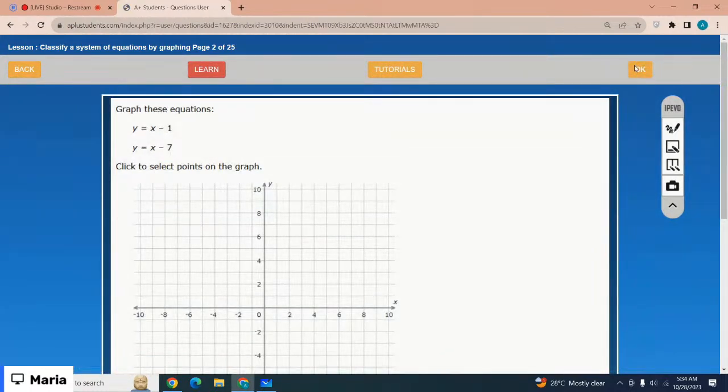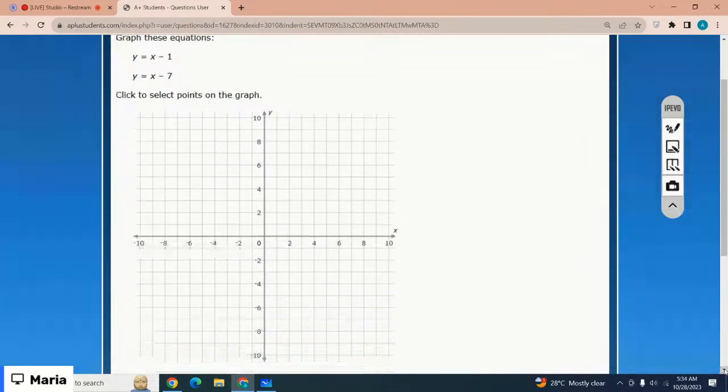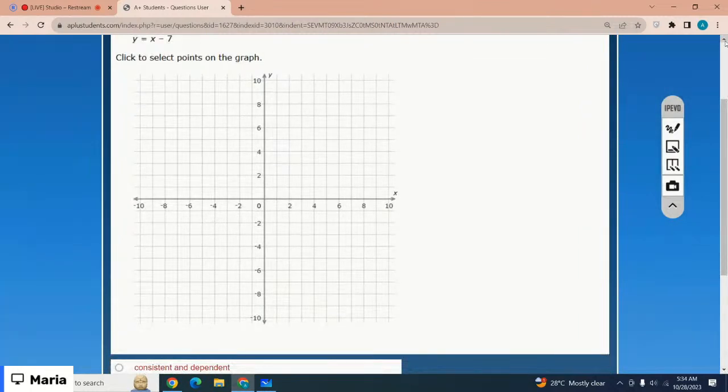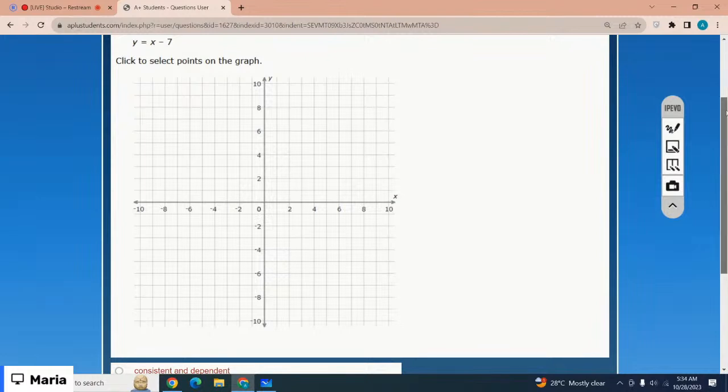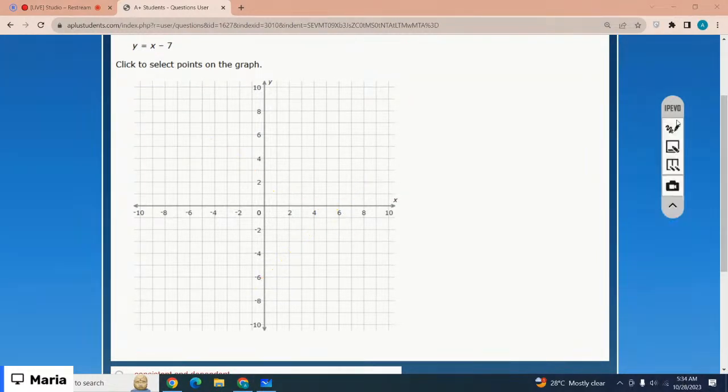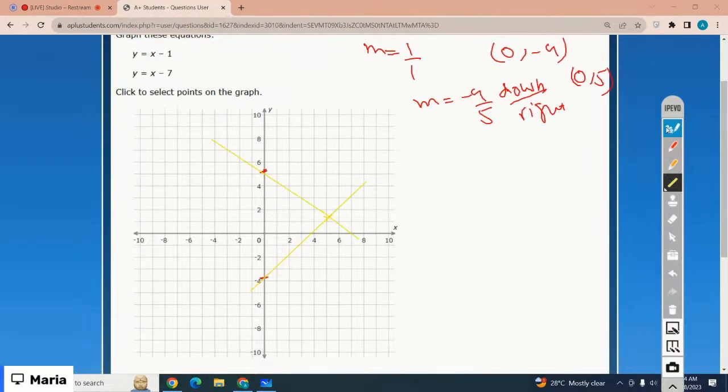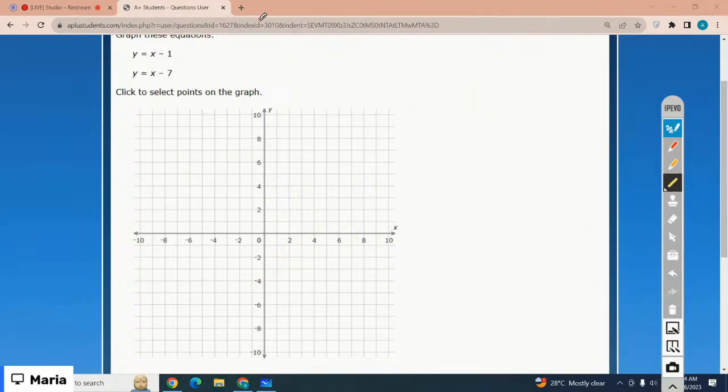Y equals x minus 1 and y equals x minus 7. For y equals x minus 1, the slope is 1 and the y-intercept is 0, negative 1. So 0, negative 1, here it is, and a slope of 1 means move right 1 and up 1.